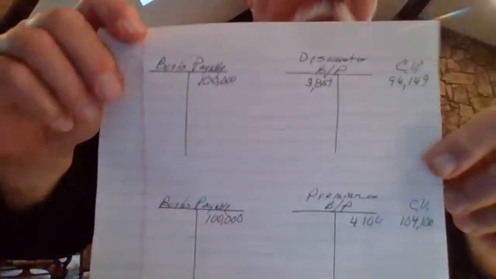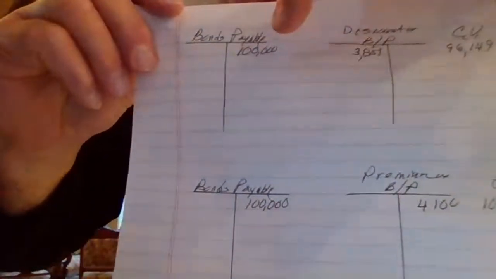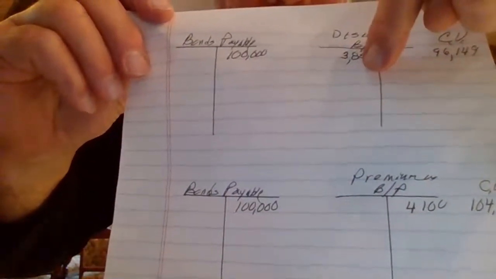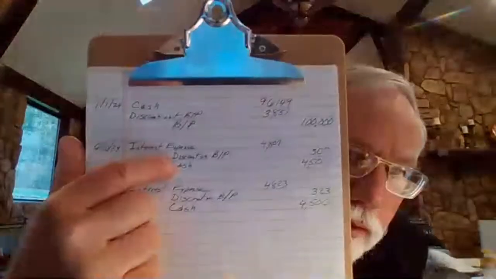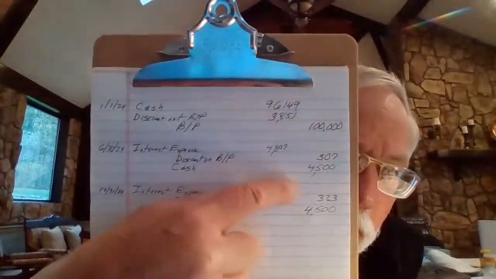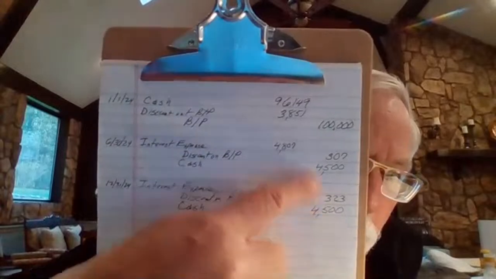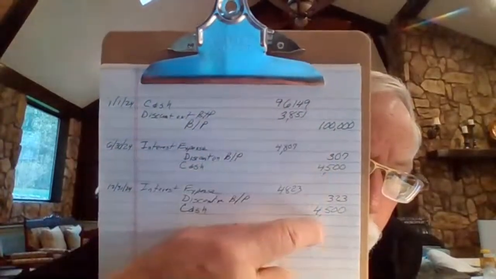Notice, here's what we did earlier. We had the bonds payable at a discount. The discount has a debit balance, right? $3,851. What are we doing here when we're paying it? We're crediting the discount on bonds payable. That's the amortization.